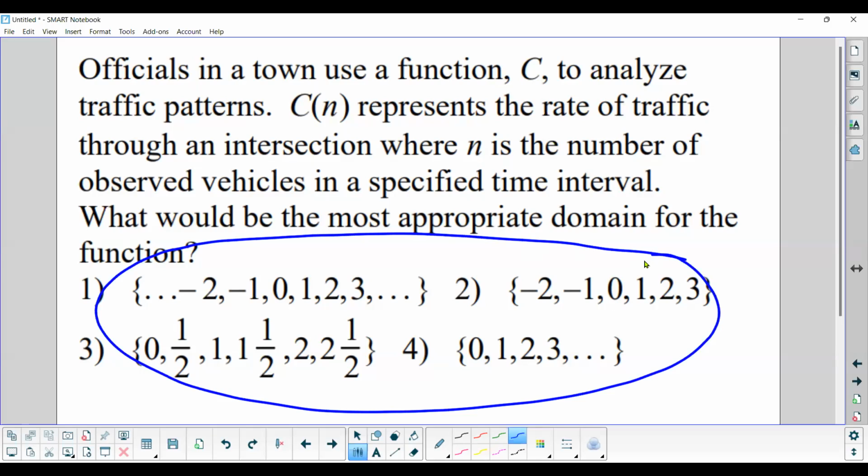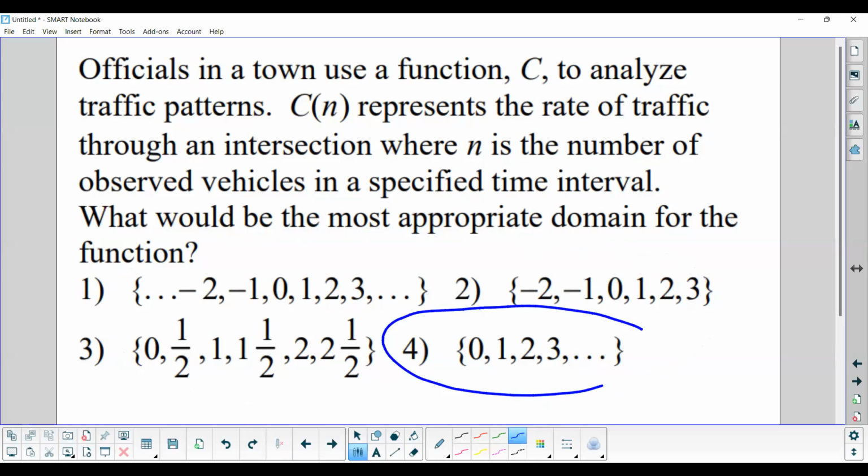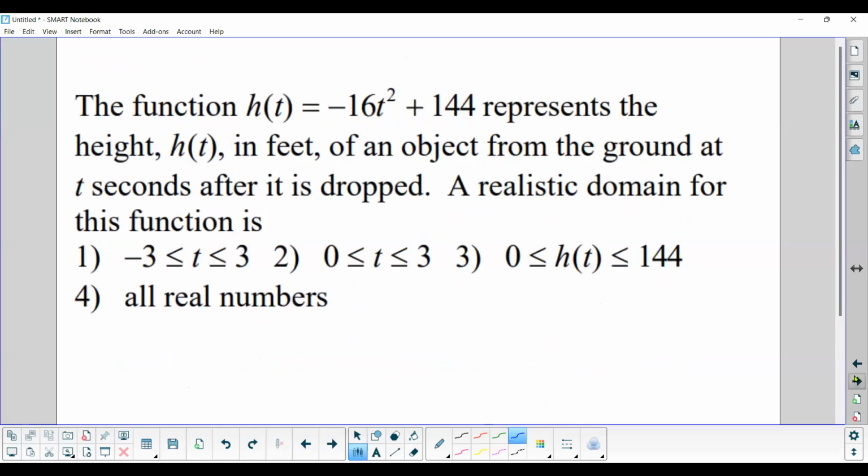So hopefully you're understanding that the answer to this question is 4 because those are whole values. Now, if this question was about the time of day, well, then you could have partial numbers like this. You could see a car 30 seconds or half a minute later. So each question is different. Then we have the type of domain and range questions, which are like this one here.